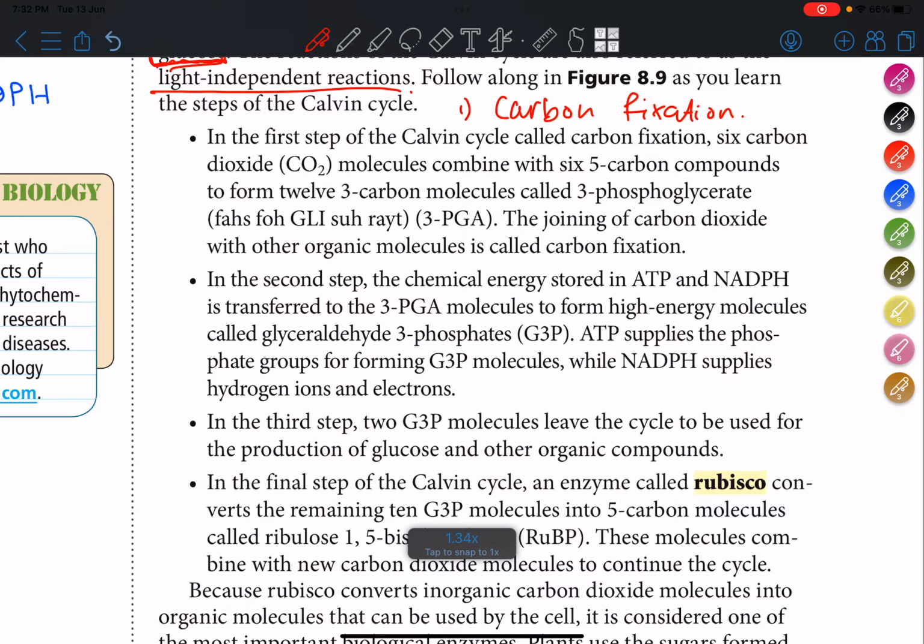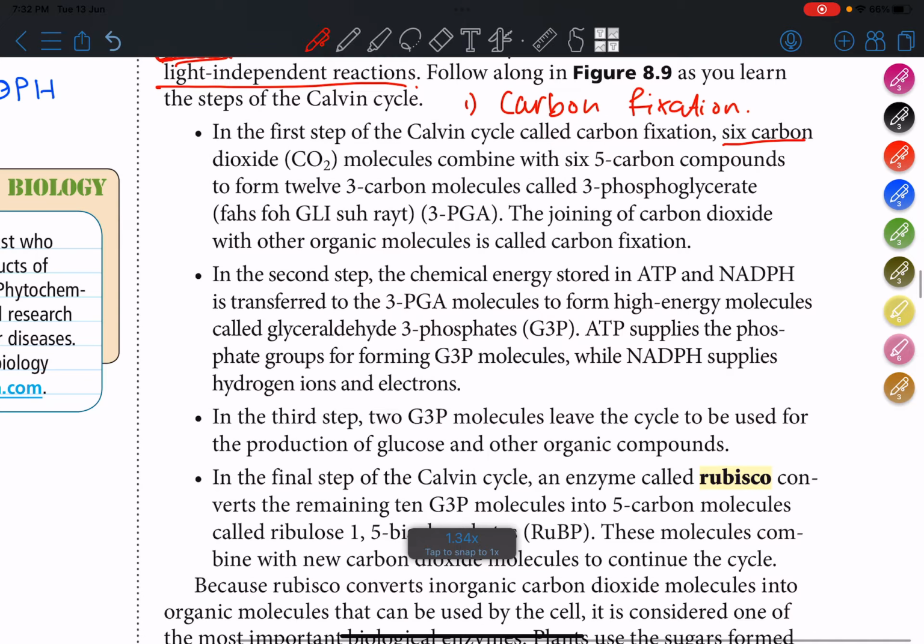Carbon fixation. In this step, 6 carbon dioxide, 6 CO2, enter the cycle from the atmosphere.